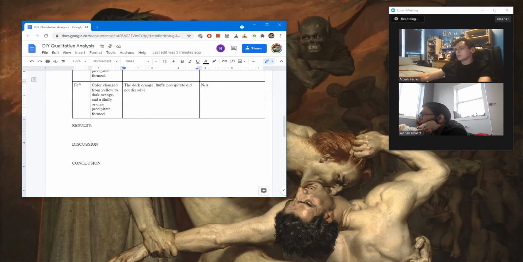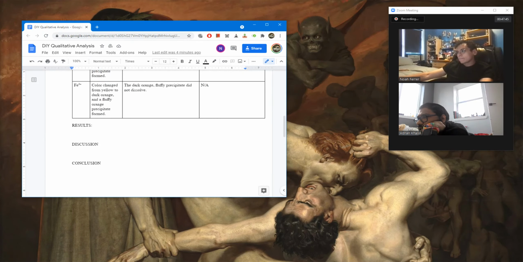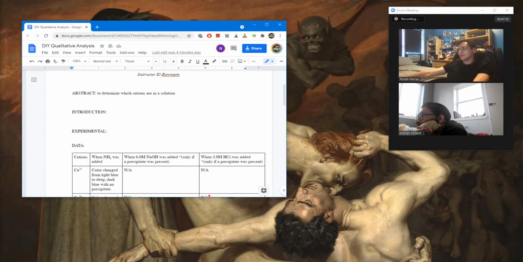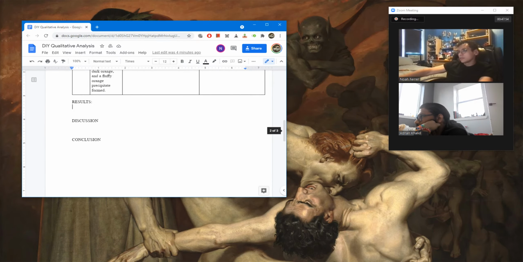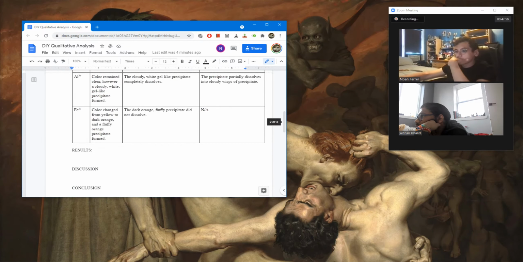Would I write that in data or results? In results, to find the unknown. I'm just going to write it somewhere, and then we can figure out where to put it after. Yeah, it's going to be results, because it says to state which unknown you analyze.